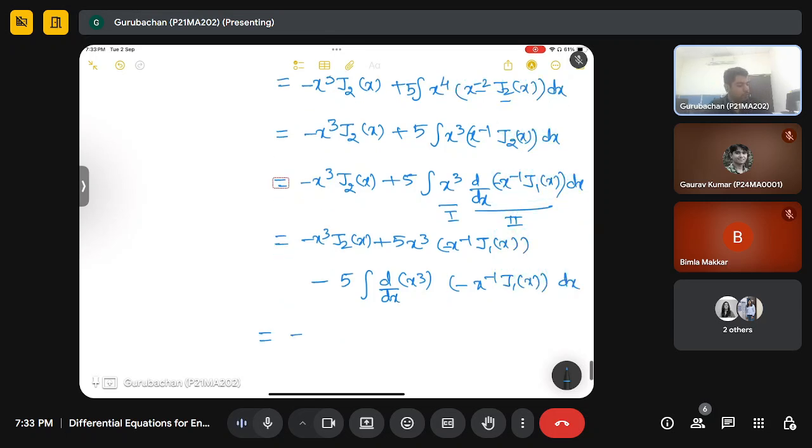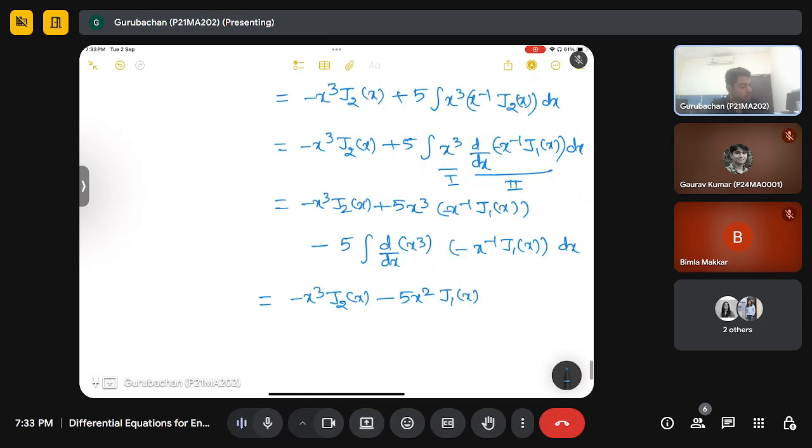So this will give you minus x cube J2(x) minus 5x square J1(x) and with positive sign 15 x square x minus 1 J1(x) dx.